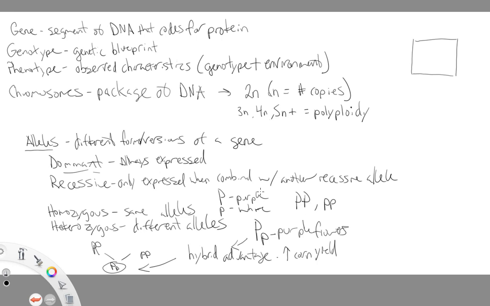Say we're crossing a white flower, so we know that genotype, little p, little p, and we're going to cross it with a heterozygous plant, so big P, little p. I probably should have taken easier ones to determine between capital and lowercase. But you line up each allele for each plant, and then you bring them down into each box. So you bring your big P across here, and your little p down, big P across, little p.